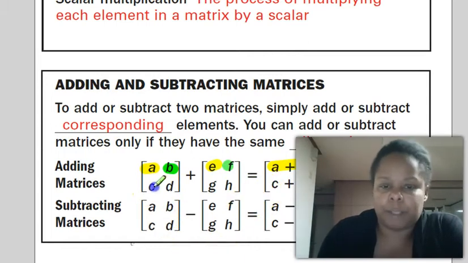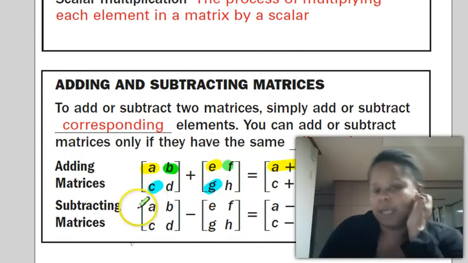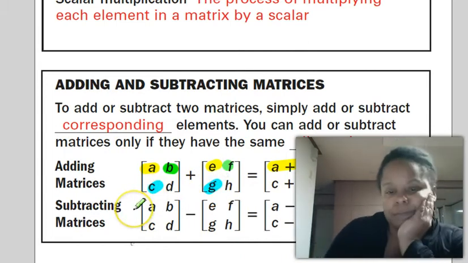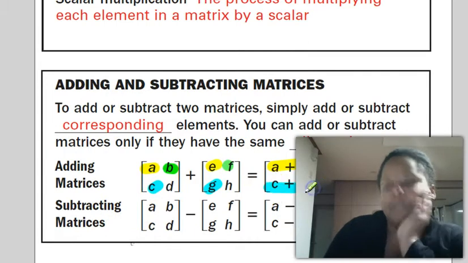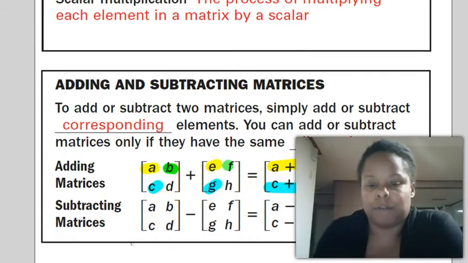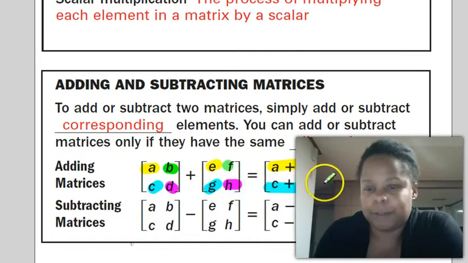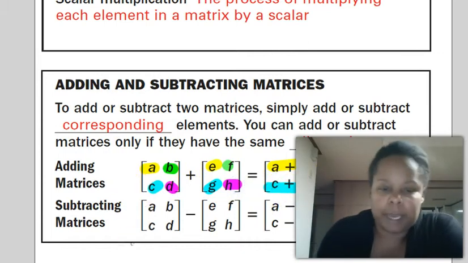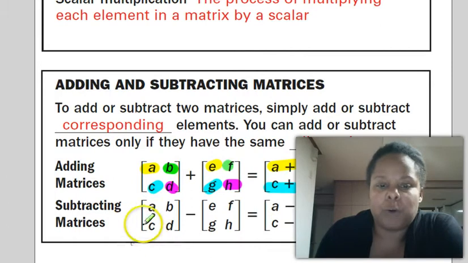And C and G correspond because they're the first element in the second row. Add them together. Vice versa for D and H, which are the last element in the last row, and we add them together. Super simple. We use the same coordination even though we're subtracting.